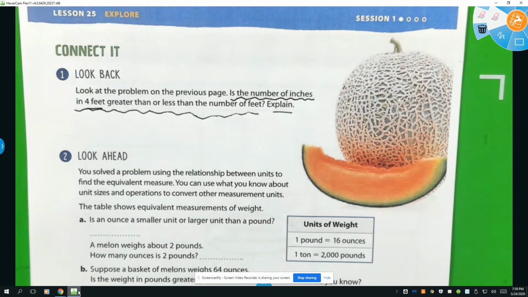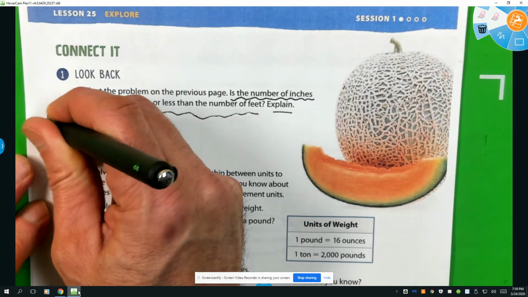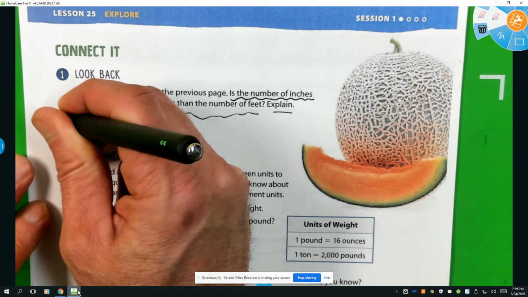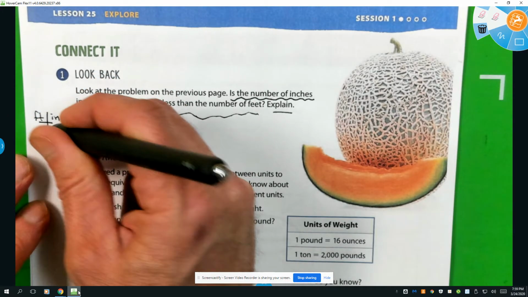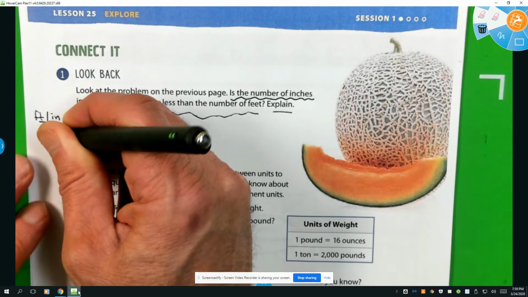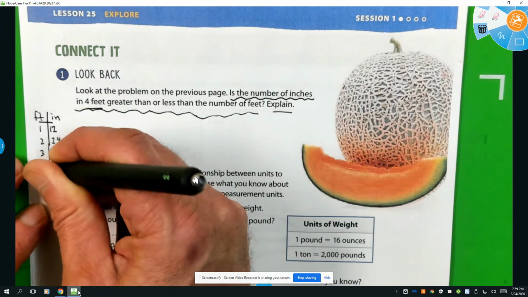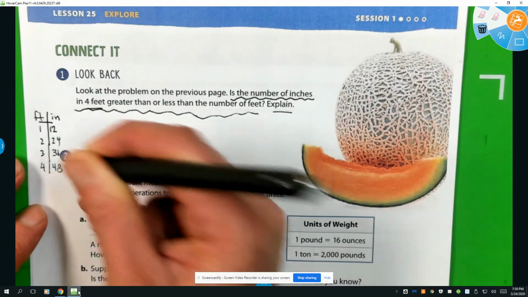So, our next question, it says, look at the problem on the previous page. Is the number of inches in 4 feet greater than or less than the number of feet? I think this is a poorly worded question, but let's take a look at what it's asking. If we go feet, inches: 1 foot, 12 inches; 2 feet, 24; 3 feet, 36; 4 feet, 48.